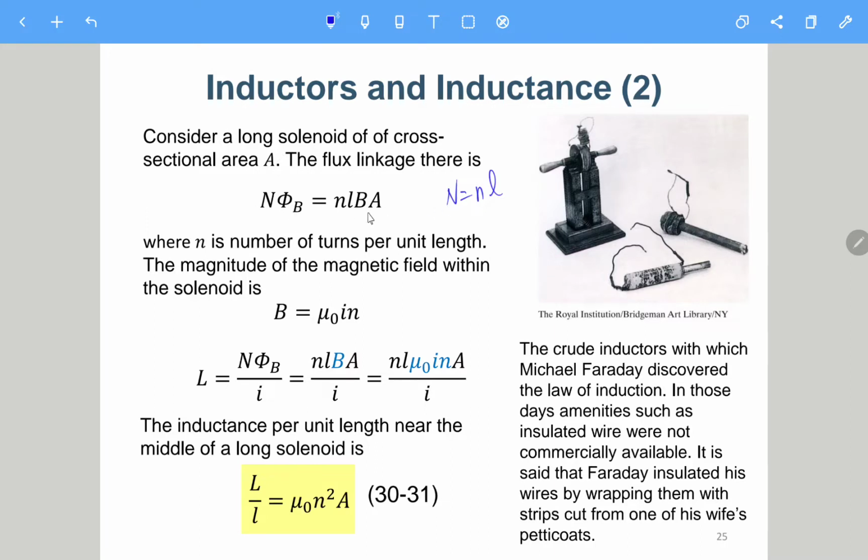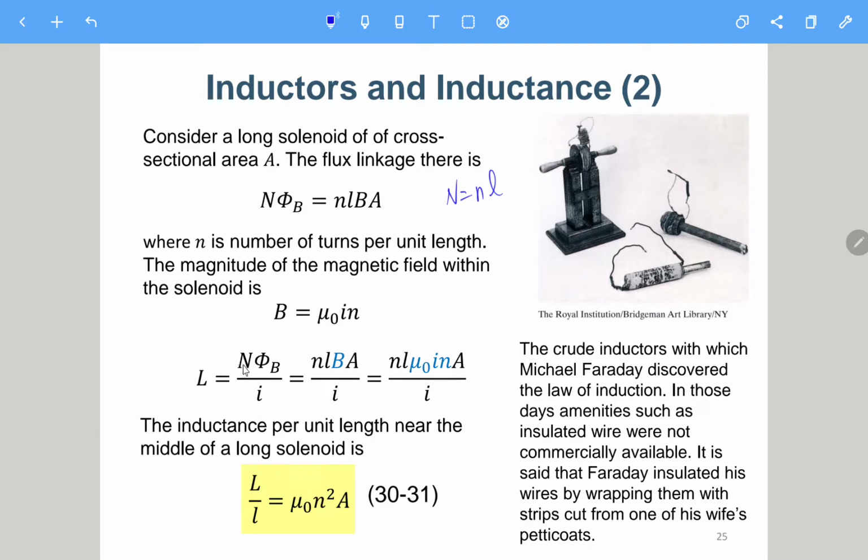And phi B is nothing but B times A, so nothing special here. Where n is the number of turns per unit length, and B is mu 0 i n, so we can plug this in here, all together, and then plug this into the previous formula.